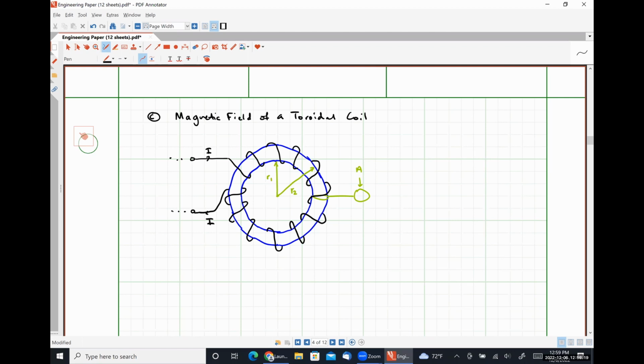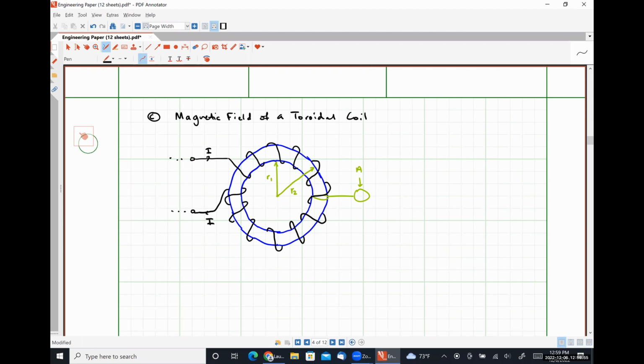So since our magnetic field strength H is effectively constant in the area inside the coil, we have to be a little bit careful about the contour that we choose in order to apply Ampere's law, okay? If we choose a contour that's just on the inside of the coil, it will have a smaller length than a contour that we choose right before we get to the outside of the coil, okay?